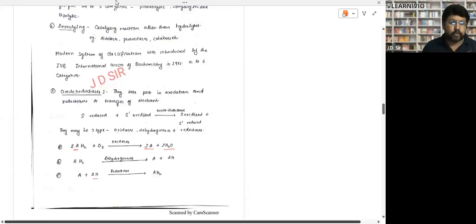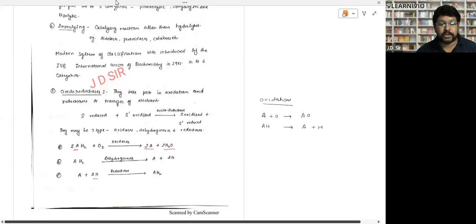There may be 3 types. First type, oxidases, means these enzymes will oxidize the substrate. So here A is the substrate, 2AH2. Oxidases will add oxygen to this A. Oxidation, you can say A plus O, is oxidation of A, or removal of hydrogen, A plus H, is also oxidation of A, right?